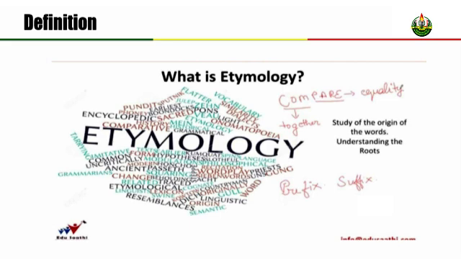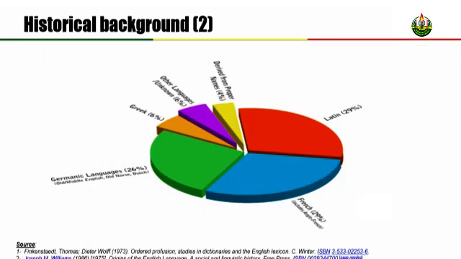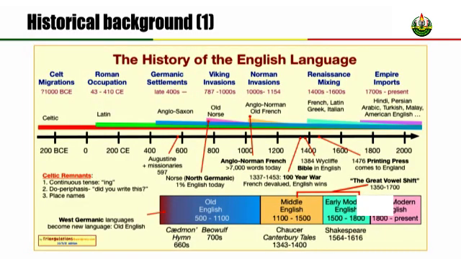Origin means where the words come from. And we will study how, why, and what those words are. For example, you can have words like semantics, independence, morphology, onomatopoeia, etc.